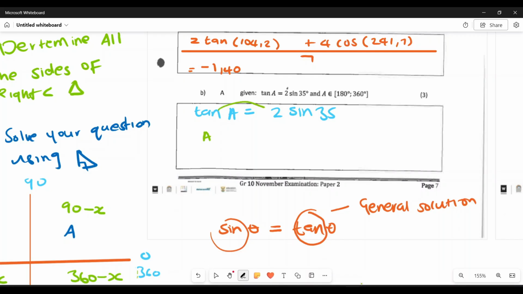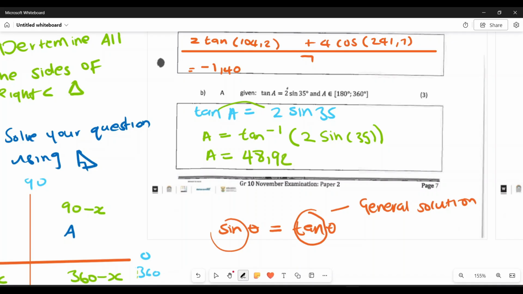So here I would be left with A equals the inverse tan of, in my brackets, 2 sine 35 over 10. Make sure you put it in this way. Punching that into my calculator, my value of A would be equal to 48,92, rounding off to 2 decimal places.